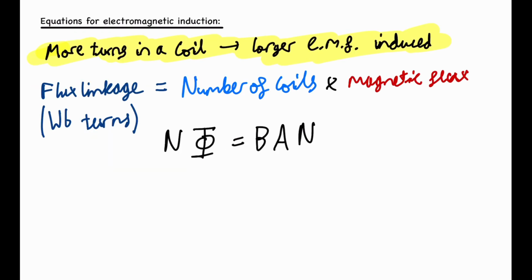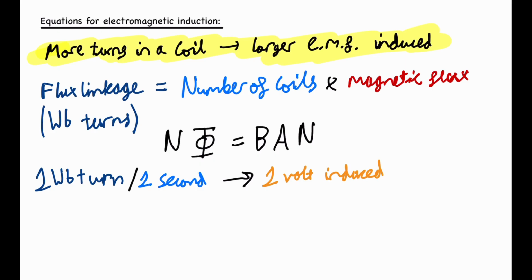So a change in flux linkage of 1 Weber turn in 1 second will induce 1 volt in the loop of wire. This can be represented using this equation, where E, the EMF, is equal to N, the number of turns of a wire, times the change in flux over change in time.